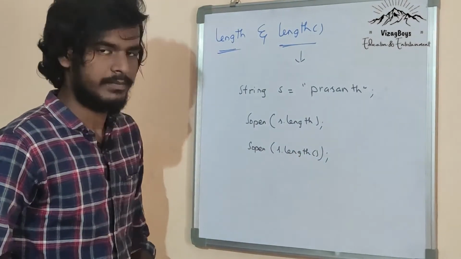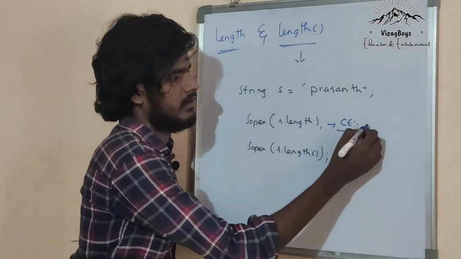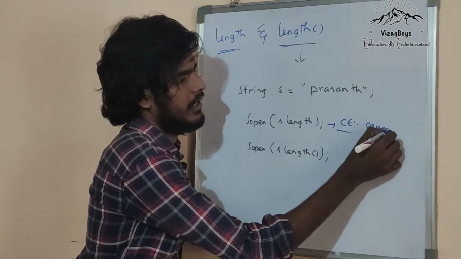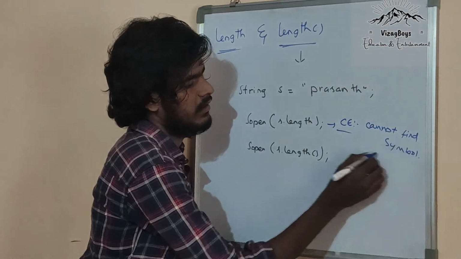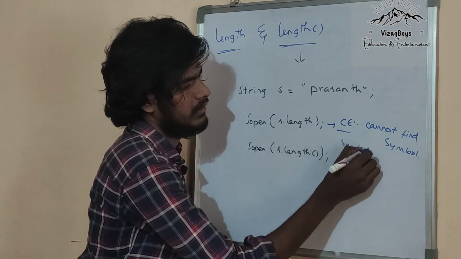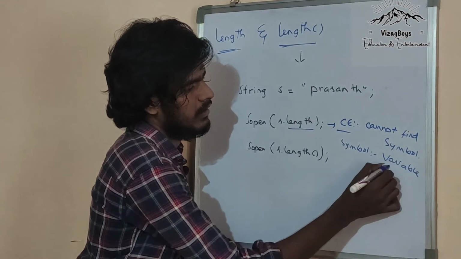Okay friends, listen carefully. Here we will get compile time error. Which compile time error? Cannot find symbol. Which symbol? Variable length.